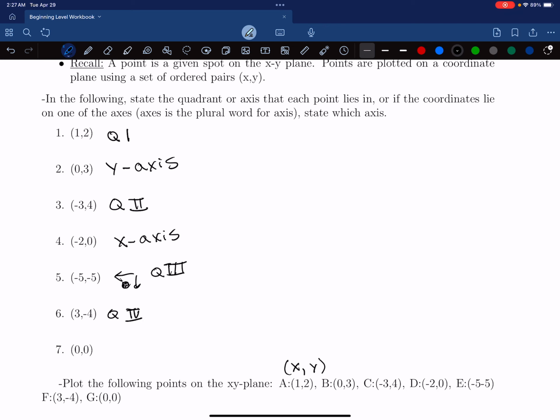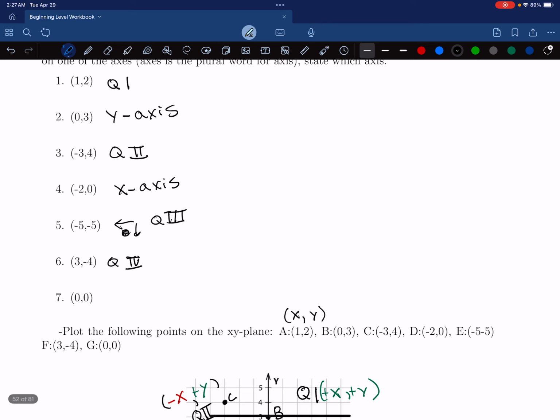And last but not least, 7, we have the point 0, 0. So this is the origin, like I said, and we can say that the origin is a special point, and it doesn't lie in one singular axis.